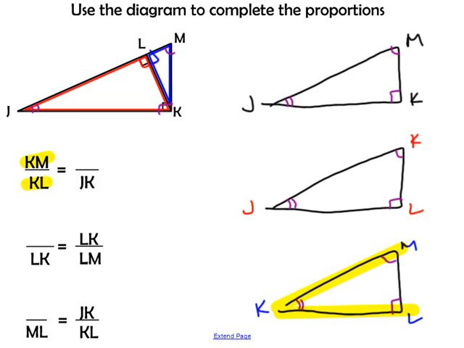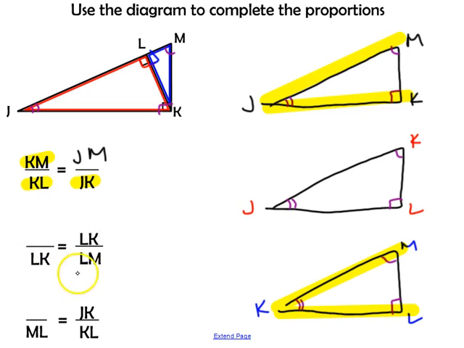And we want to match that with JK, which is going to correspond to KL. So since KL is along the bottom, we want to find the triangle where JK is also along the bottom. And that's going to be here. So since these two sides correspond to each other, that means the missing segment has to correspond to KM, which is going to be this segment right here, JM.